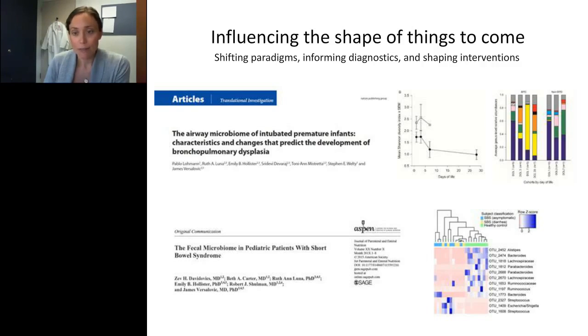And Zev spent some time characterizing the fecal microbiome in a variety of patients with short bowel syndrome, and trying to figure out the degree to which symptoms might be correlated with microbiome composition. Largely what we found was that symptoms were not, but that we could very clearly distinguish the healthy microbiome from one of short bowel syndrome.